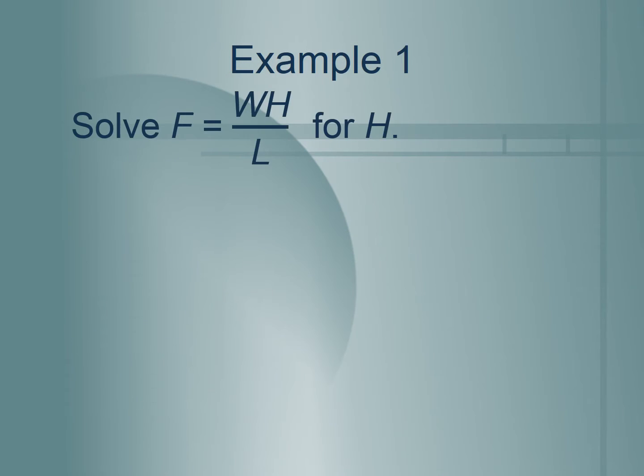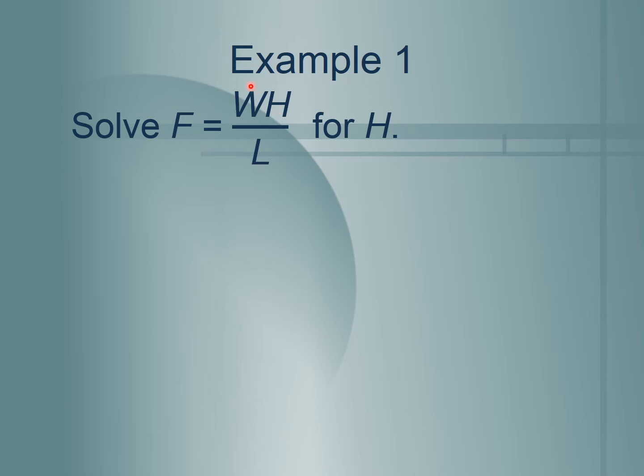So let's look at example 1. We have the equation F equals W times H divided by L, and we want to solve for H. So we're going to identify our variable. It's H. That's what we're trying to solve for, and we're going to undo the operations. So the first thing we need to do is identify, well, what operations are happening?